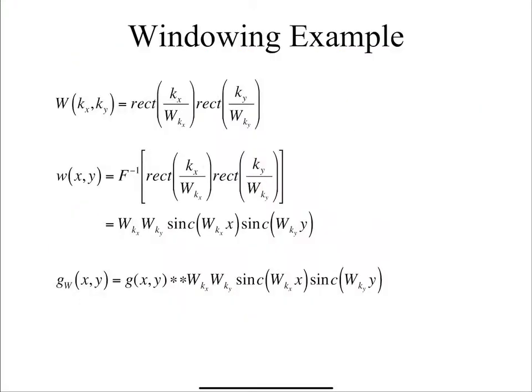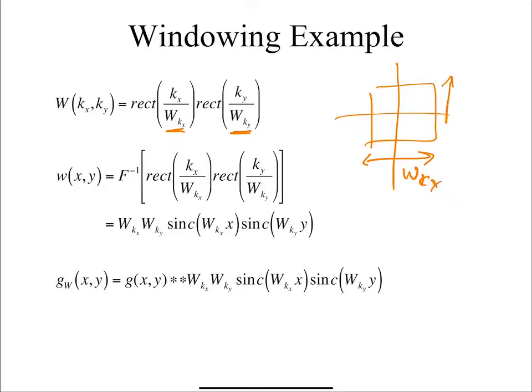So here's an example. Let's say, typically we'll say the window in the x direction has some width Wkx, and the window in the y direction has some width Wky. So this would look like this. The width here is Wkx, and the width here is Wky.